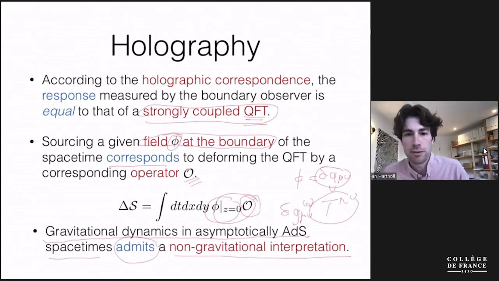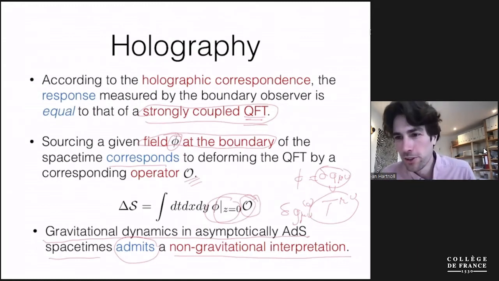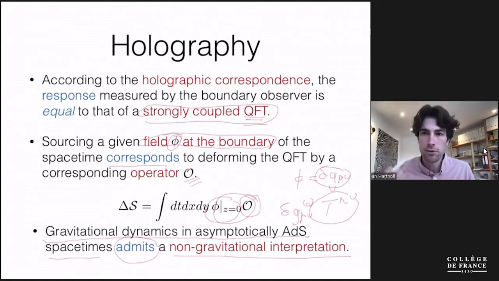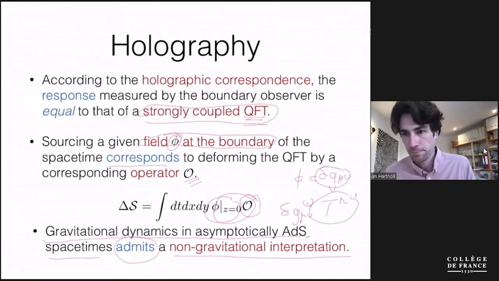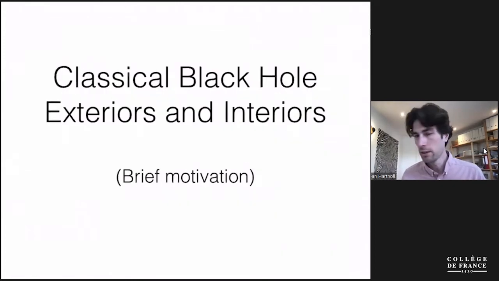And because non-gravitational systems are better understood than gravitational ones, this kind of correspondence is useful for thinking about quantum gravity. Okay, so that's my one very, very brief introduction to AdS/CFT. I hope it was useful.